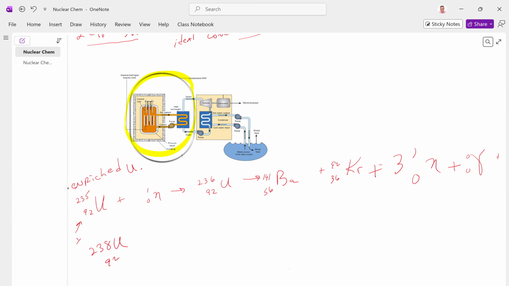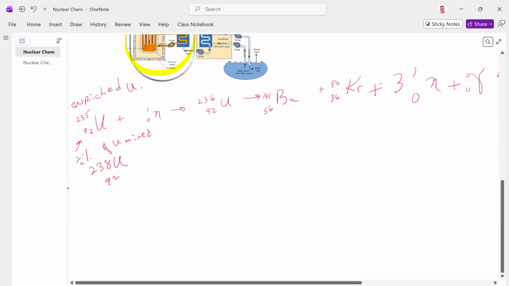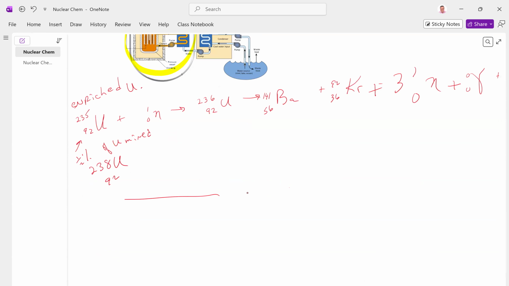That is 0.5% of the total mined. So you've got to purify it. And you've got to get it to, there's different grades of uranium. There's weapons grade.